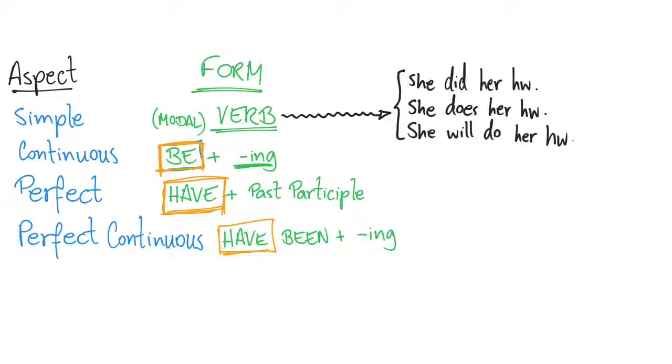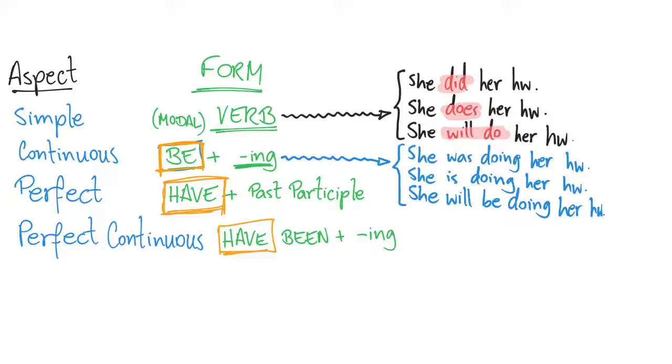The different tenses you have here. So she did her homework. She does her homework. She will do her homework. So right now we can see the 3 different tenses, and that's the verb form. Simple past, she did her homework. Present simple, she does her homework. And she will do her homework. That's the future.